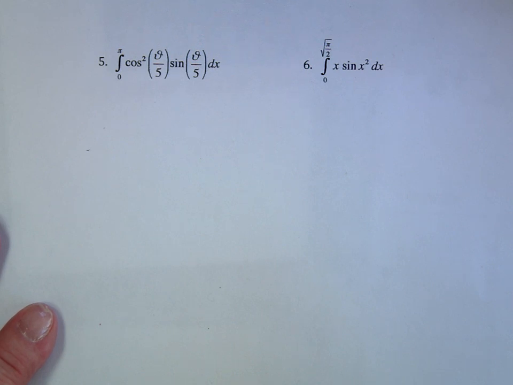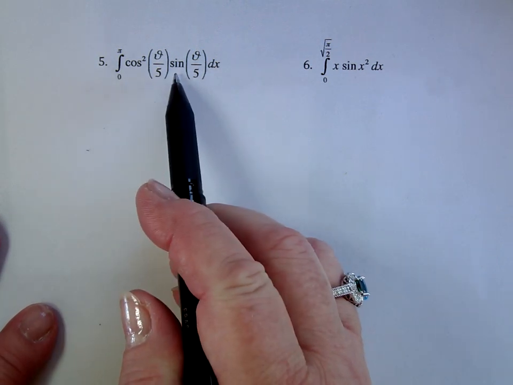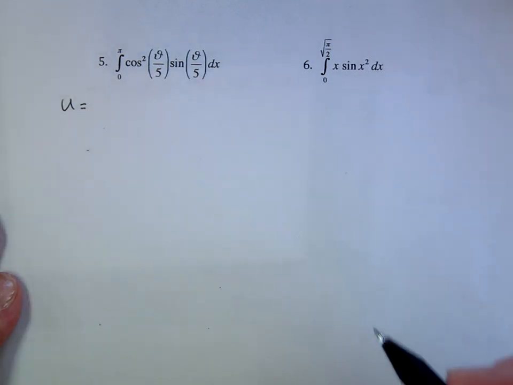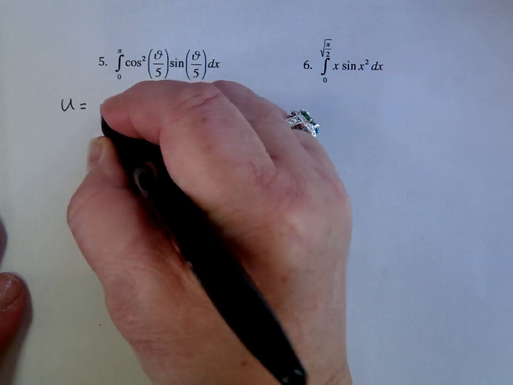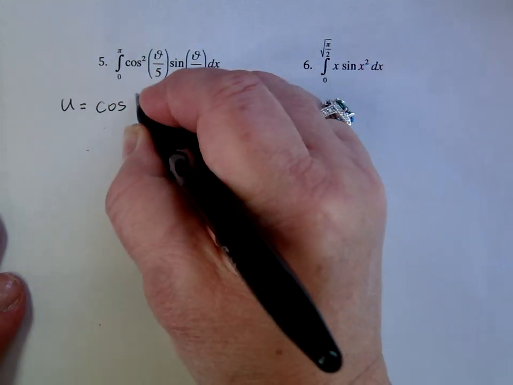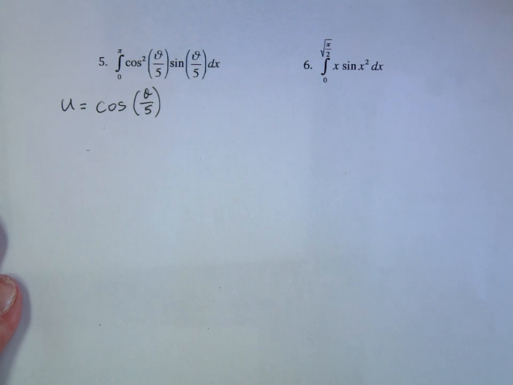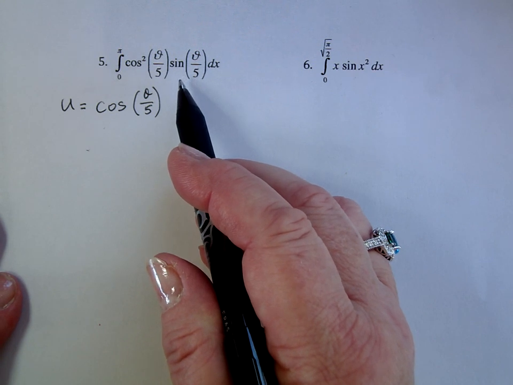In this one, see how it has sines and cosines? We want the trig function involved this time. So this time we're going to let our u equal the messier of the trig values. So the messier one is cosine. So u is going to equal the cosine of theta over 5. And that's because in this one we have an extra trig function of sine involved, where back in number 2 we did not.